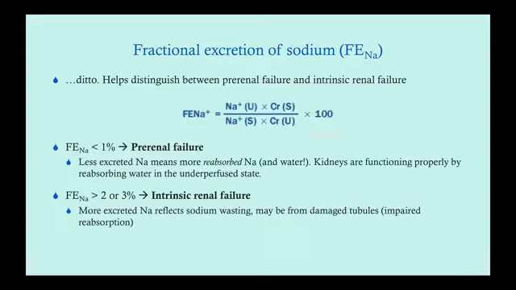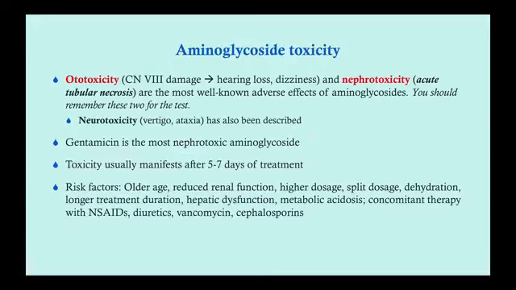And so if you're wasting sodium, then your fractional excretion of sodium is going to be high. And usually this is due to damaged tubules, or you're just spilling too much sodium out in your glomerulus to begin with. But usually it's due to damaged tubules. And that impairs your reabsorption. You're going to have more sodium in your urine. So that is a high fractional excretion of sodium, and that is intrinsic renal failure. And that makes sense, because if your kidney's not working, your tubules aren't working, or the channels aren't working, you're not reabsorbing sodium as you should.